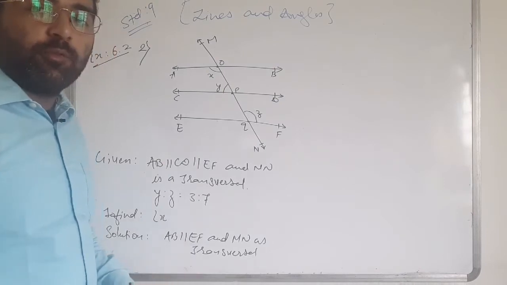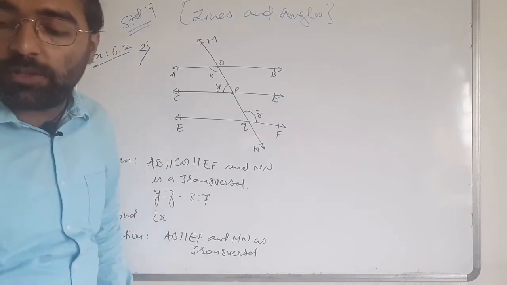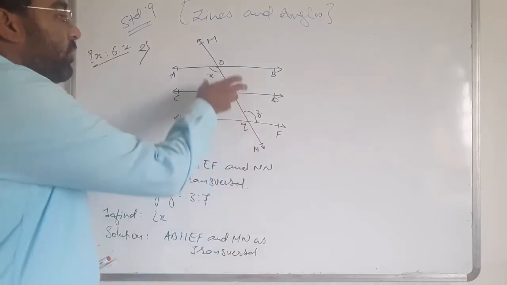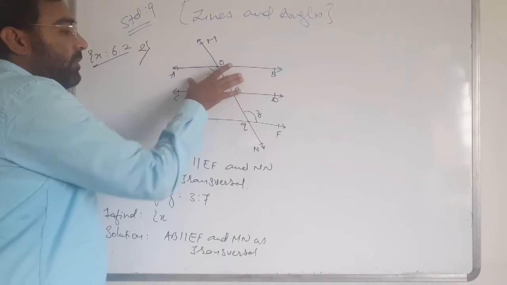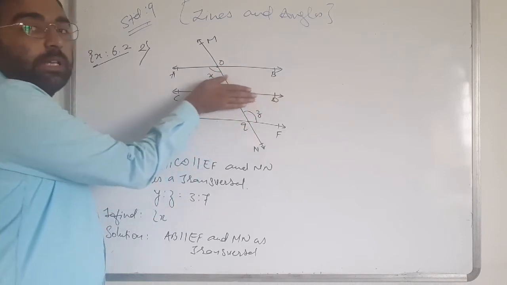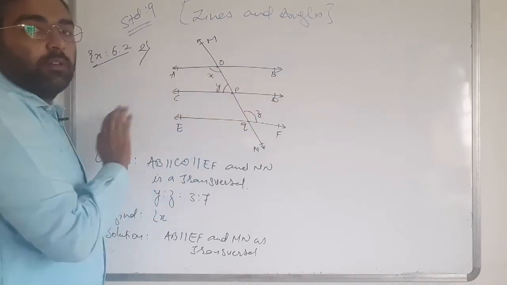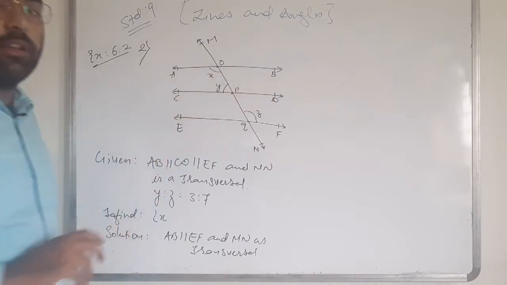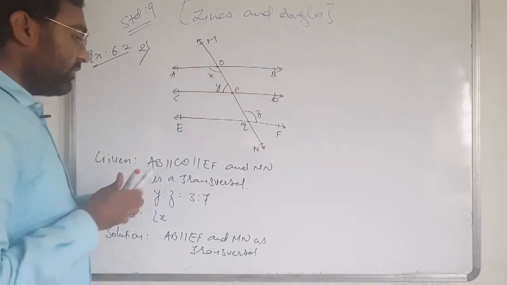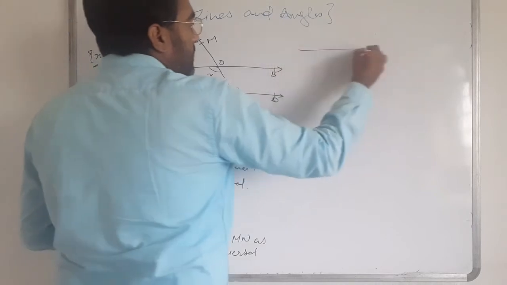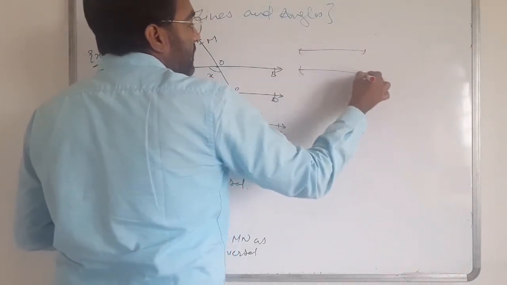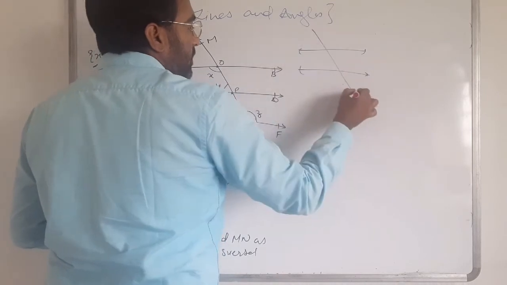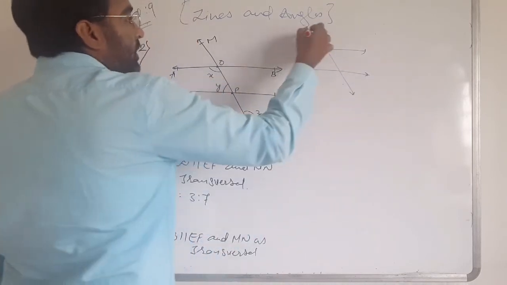Now only see AB and EF, not CD. When I remove CD, my figure is formed like this. This is a temporary figure, so please do not draw it.